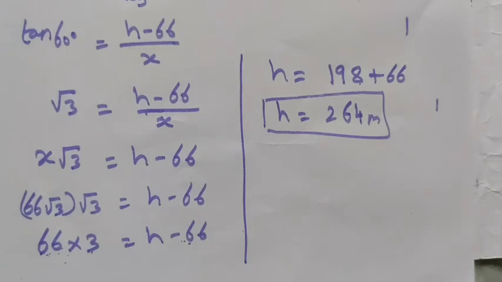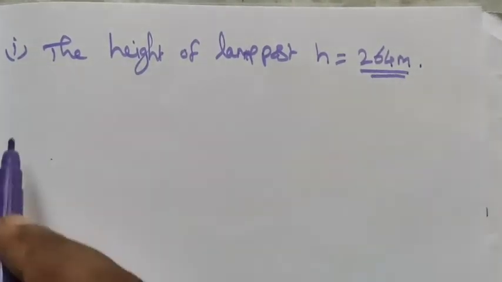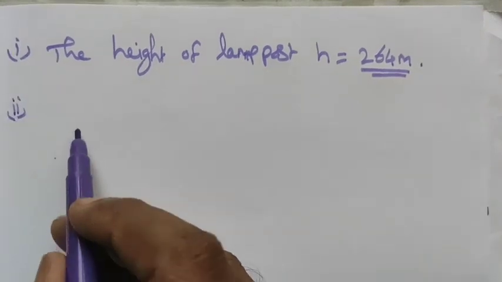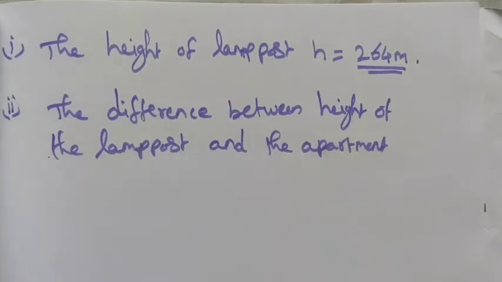Now we give the answers for the three parts. The first part: the height of the lamp post, H, is equal to 264 meters. The second part is the difference between the height of the lamp post and the apartment.